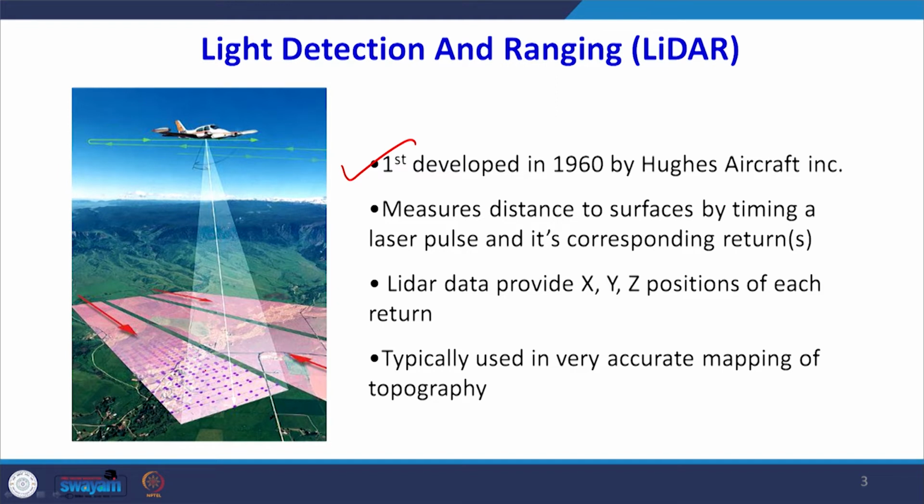The purple dots are the points where the laser beam strikes, and the pulse returns and the information is generated in terms of X, Y and Z. So LiDAR data provides very accurate coordinates which we can use for mapping, measurement and creating the 3D model.